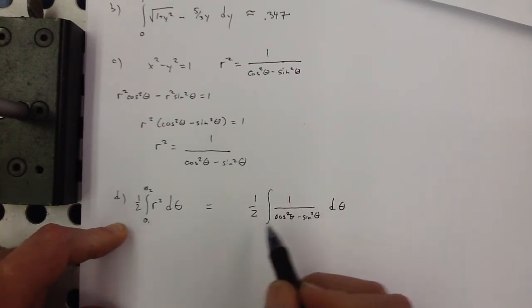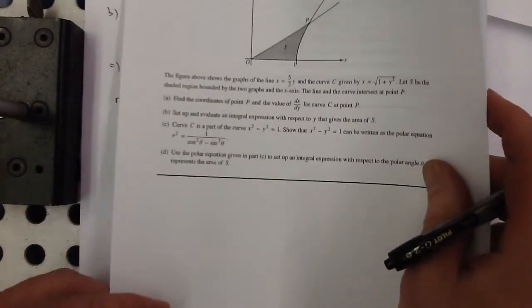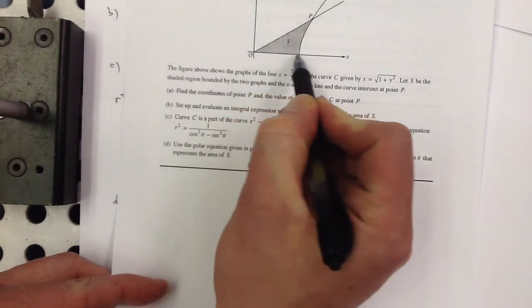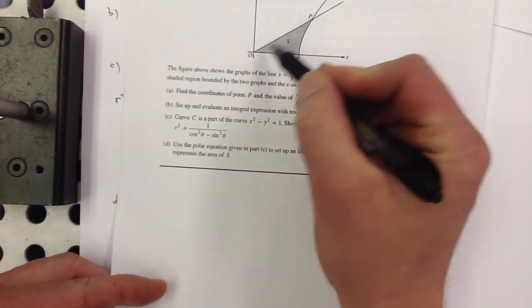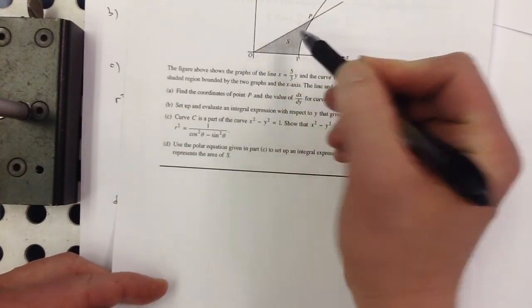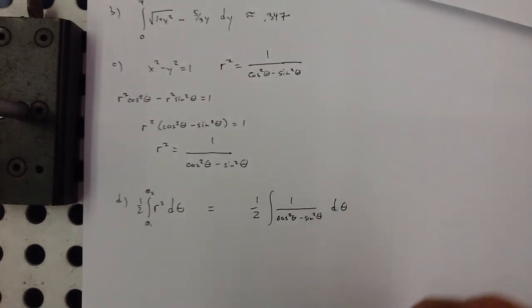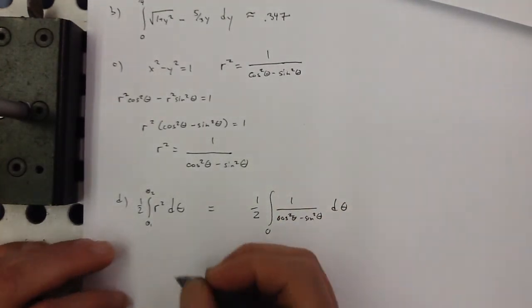The trick is, what are my angles? So looking at this, we've got to think polar now. I'm looking this way, that's clearly angle 0. And then I need this angle up to here. So the question is, what is that angle? I know I'm going from 0 to that angle.